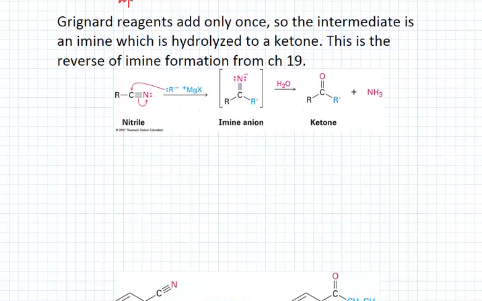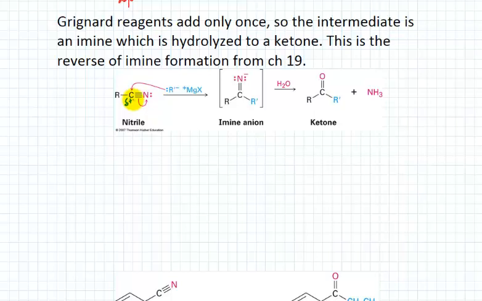Let's look at what a Grignard reagent does. Grignard reagents add only once. So look at RMgX. That's our Grignard reagent. The carbon is a C-, essentially. It attacks the nitrile carbon, which, like we said, is partial plus. This is our intermediate, an imine anion.